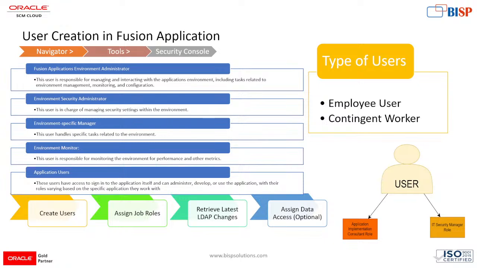In the context of Oracle Fusion SCM, person types are used to group individuals based on their association with your organization. This person type can be divided into two categories. System person type.